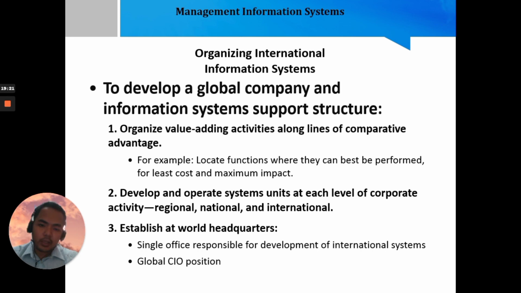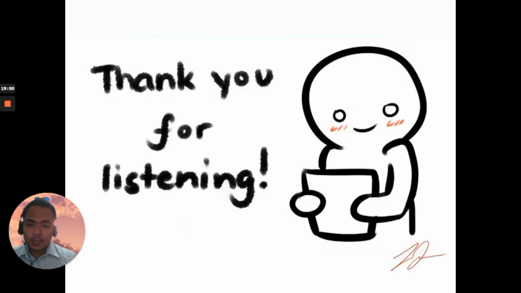Develop and operate system units at each level for corporate activities: regional, national, and international. Establish a world headquarters with a single office responsible for development and international systems, and a global CIO position should be managed.